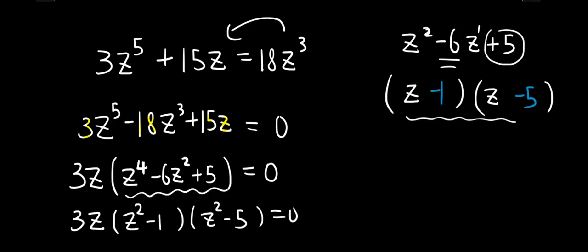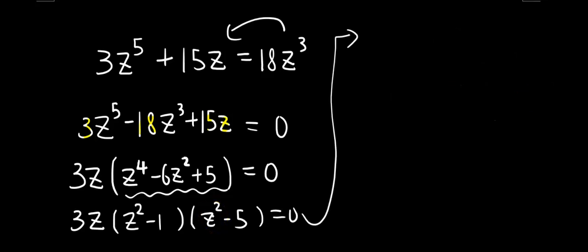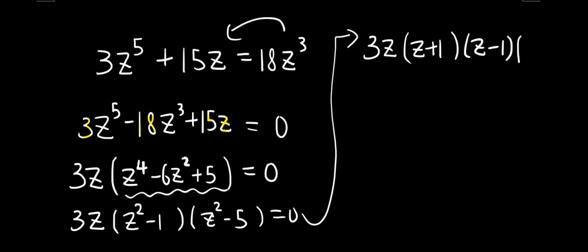However, the whole question is not done. We're going to continue, copy down 3z. And we notice z squared minus 1 is z plus 1, z minus 1. Z squared minus 5. Some people might want to stop right here. You actually can continue. So I'm going to write smaller.